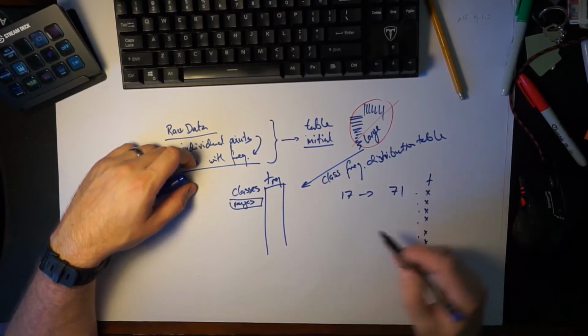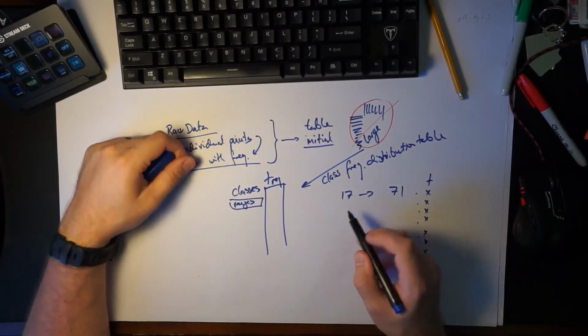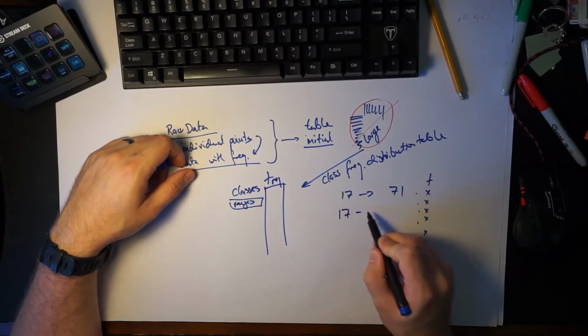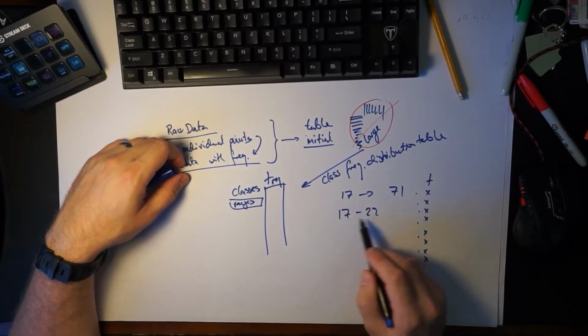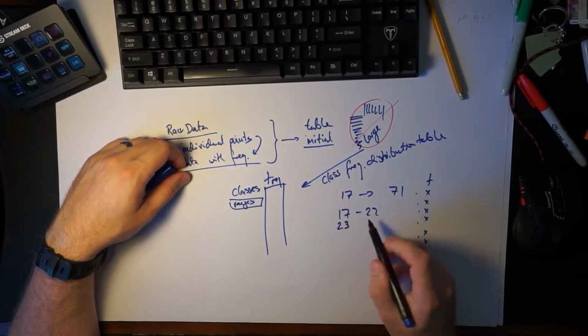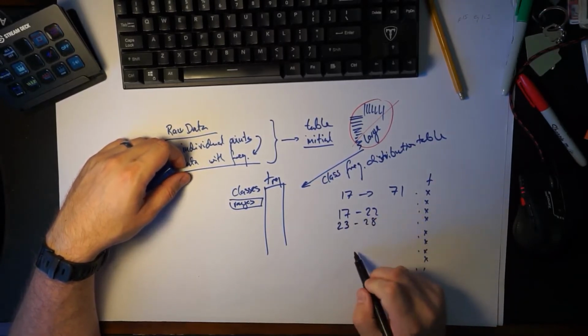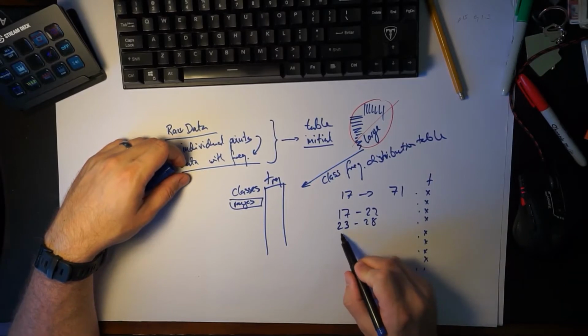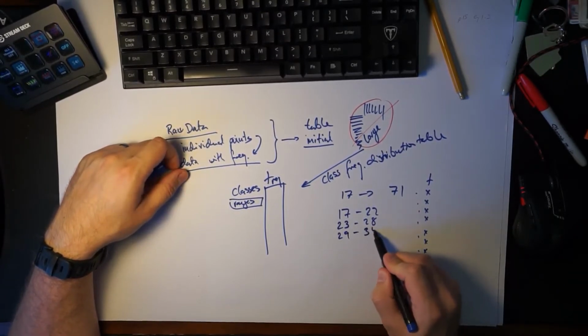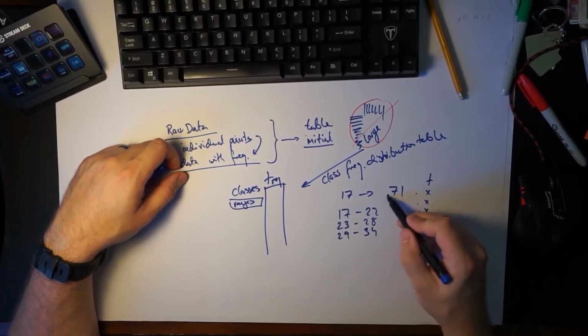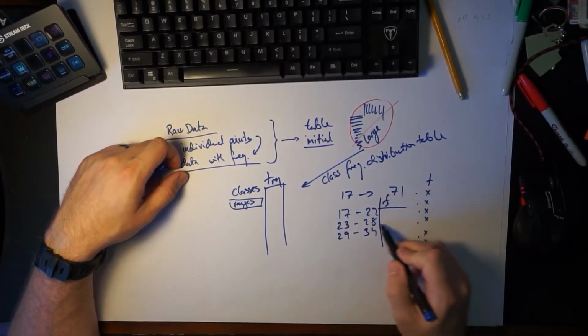But we could group them up into little packets, say 17 to 22, right? Then 23 to 28, then 29 to 34, and so on and so forth, and assign some frequency to those.